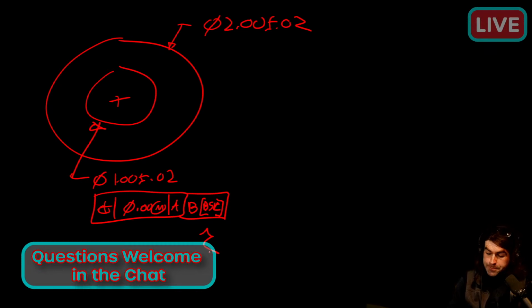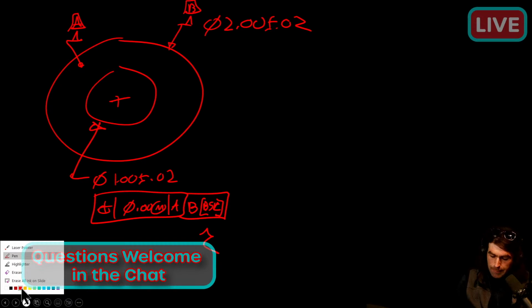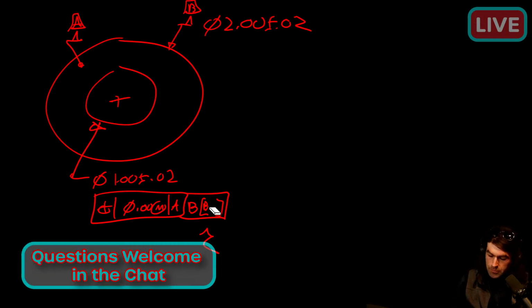We're going to say once some flat surface here is A, this diameter is B. So, let me back up one step. If we just have B here, this means it applies regardless of material boundary.